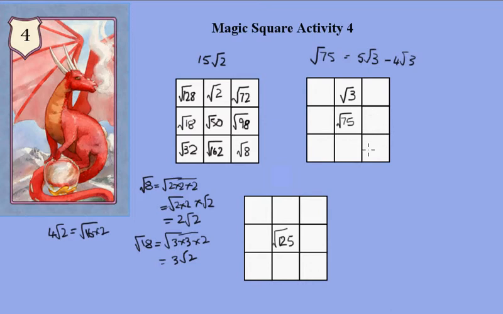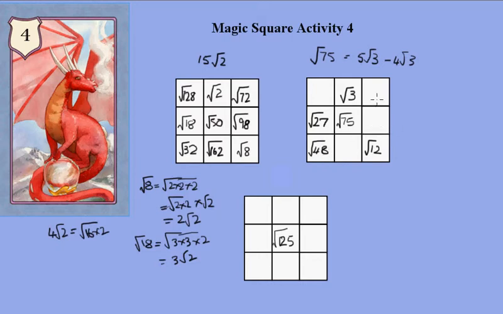This one here will be 2 root 3, which is root 12. Over this side here, that's going to be 3 root 3, which is root 27. Okay, going down here, this is going to be 4 root 3, which is 4 squared, 16, times 3, is 48.